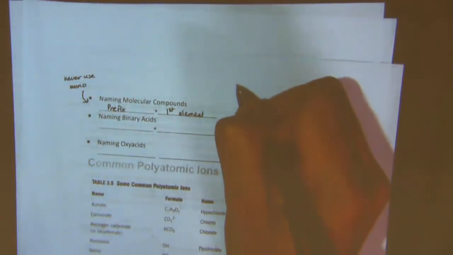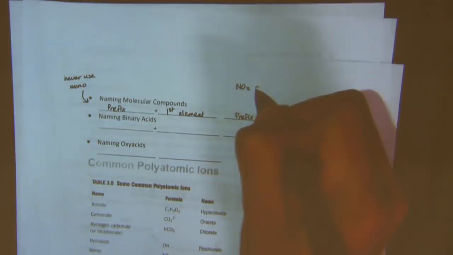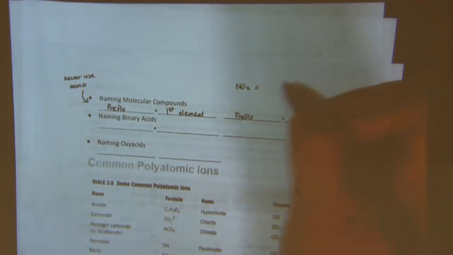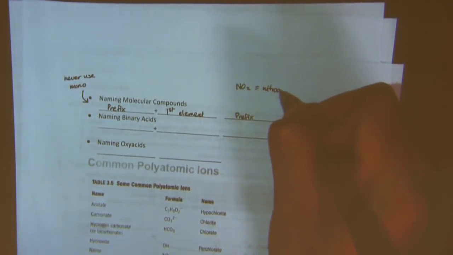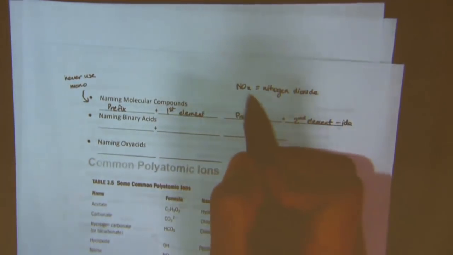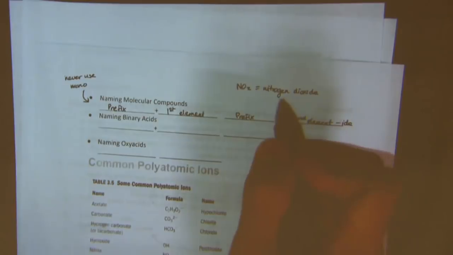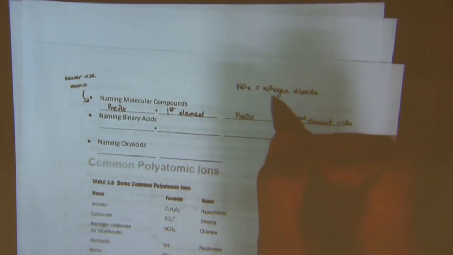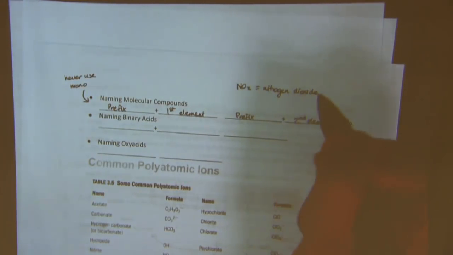So for instance, NO2 wouldn't be mononitrogen dioxide, it's just nitrogen dioxide. And the way that I ordered them was based on the periodic table. So nitrogen comes first, so naturally it would go first, and then oxygen.